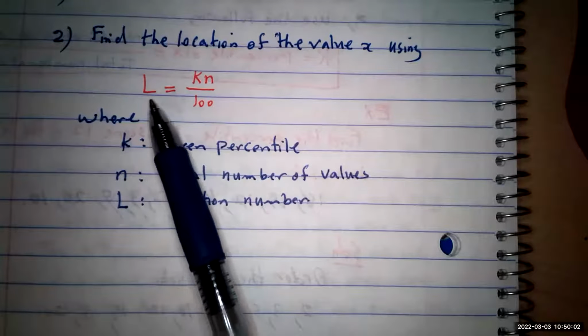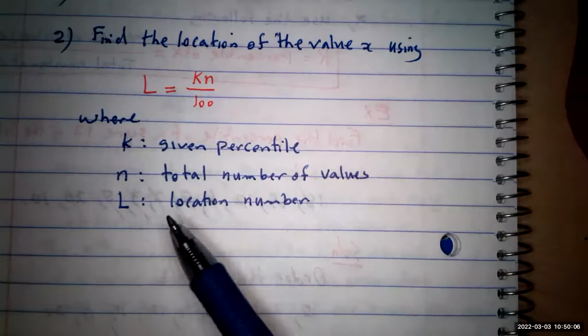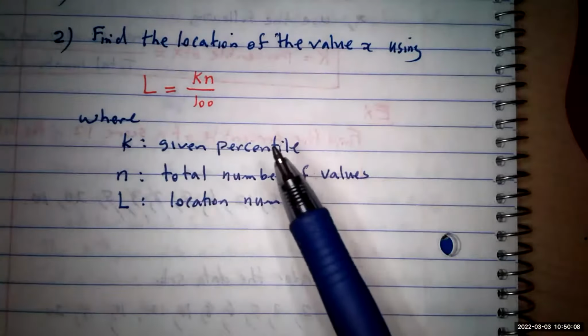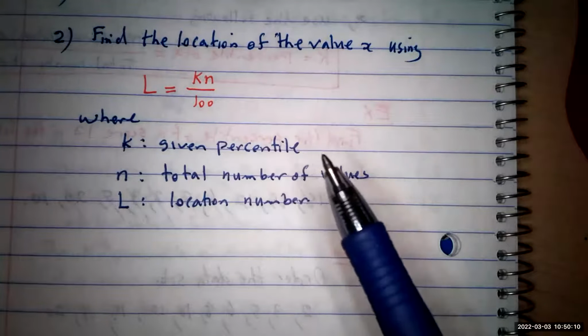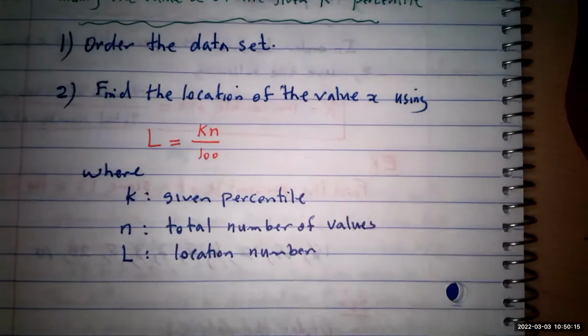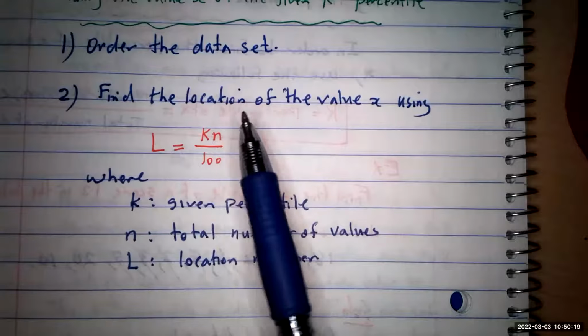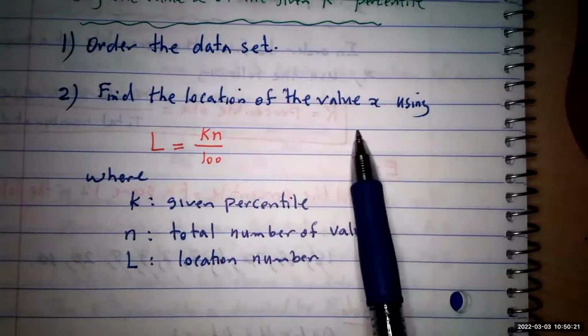If this is not a whole number, you round it up. For example, if it's something like 4.2, you round it up to 5. Then you go to the ordered list of your values and you start counting: 1, 2, 3, 4, 5.